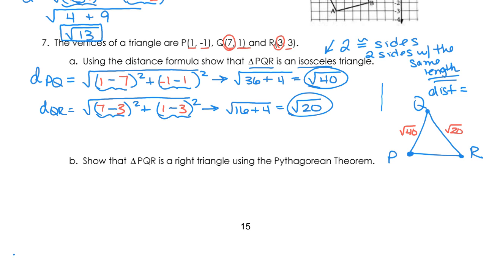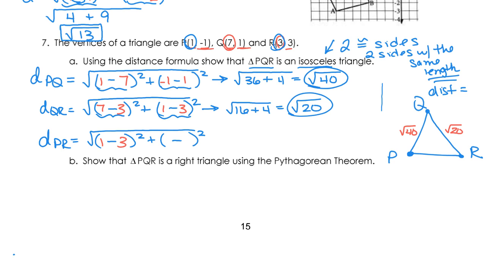However, I'm hoping that my third side comes out to be either the square root of 40 or the square root of 20, and that way I'll have two equal sides. Okay? So my last distance is the side PR. P and R, let's see, their x-coordinates are 1 and 3.